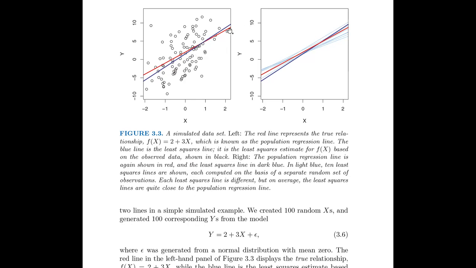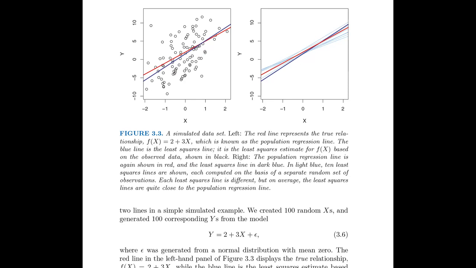Right, so the authors took a red line, they took an error term, they created the 100 data points. Using the method of least squares, which reduces the residual sum of squares, we obtain, all you need is two parameters, beta naught and beta 1.